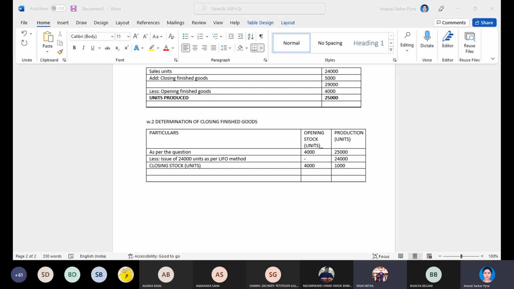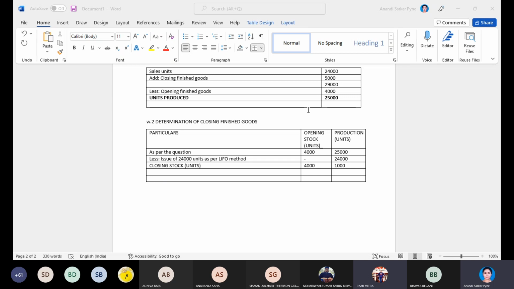Now this is the closing stock unit, that is 5,000. If you check, the problem also says the closing stock unit is 5,000. So from there you could also have done 5,000 minus 4,000, which is 1,000, and 1,000 multiplied by 9.6. But you have to show the whole thing under the LIFO method.